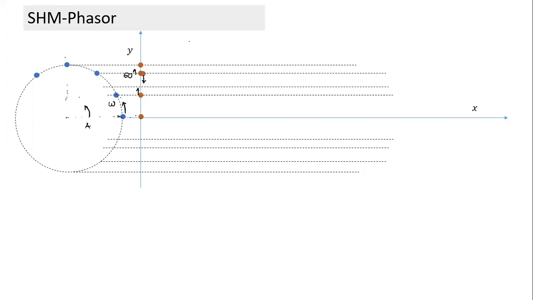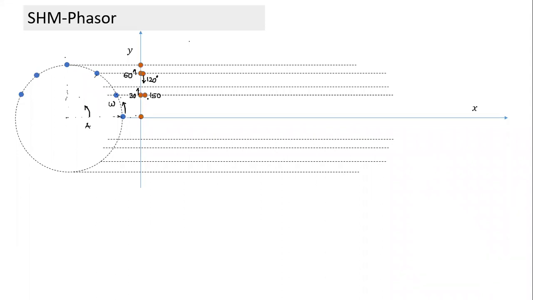When it was going away from the mean position, the phase angle was 60 degrees, and when it is coming towards the mean position, the phase angle is 120 degrees. Another 30 degrees and this angle becomes 150 degrees. So for phase angles of 30 degrees and 150 degrees, the position is the same but the direction of motion is opposite. That's what we need to understand.